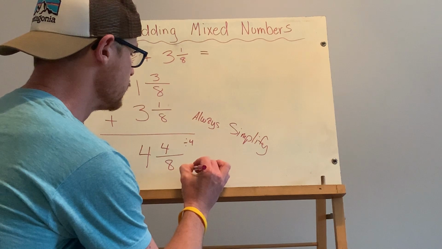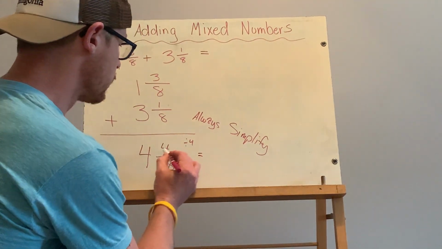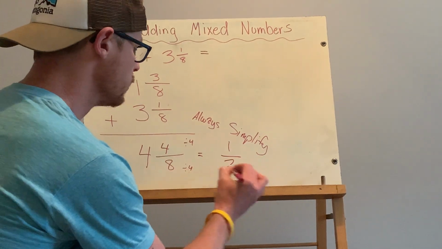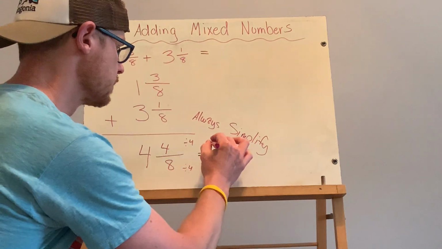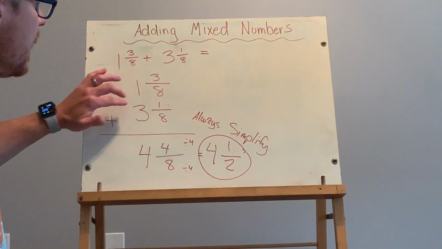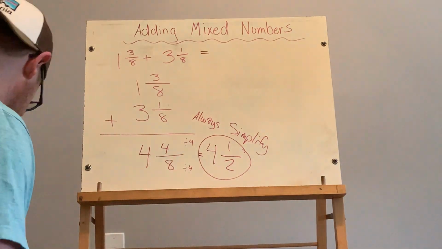So I'll use that to divide my numerator and my denominator. 4 divided by 4 is 1, and 8 divided by 4 is 2, but we can't forget about that whole number. So the answer to my addition equation, 1 and 3/8 plus 3 and 1/8, is 4 and 1/2.